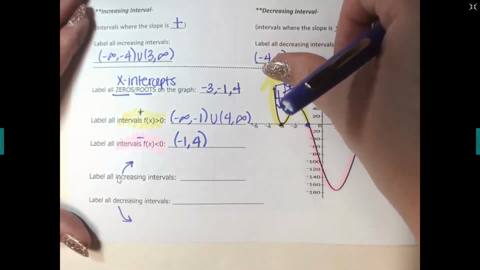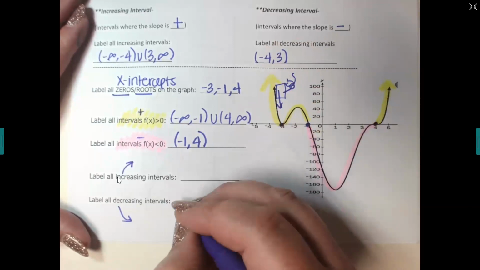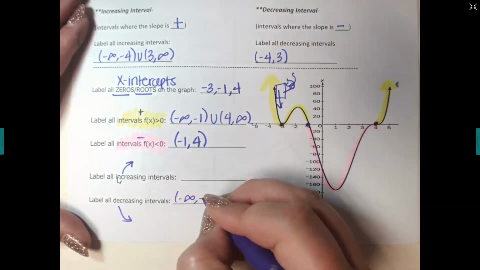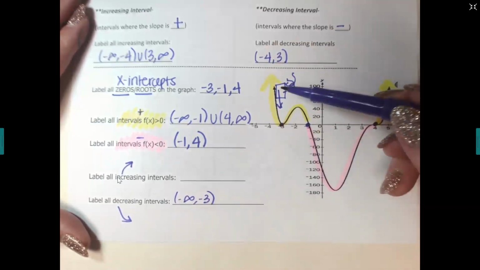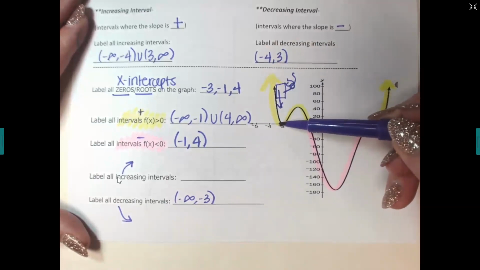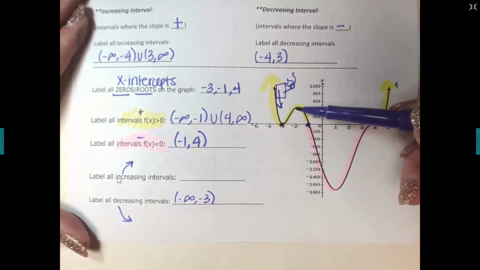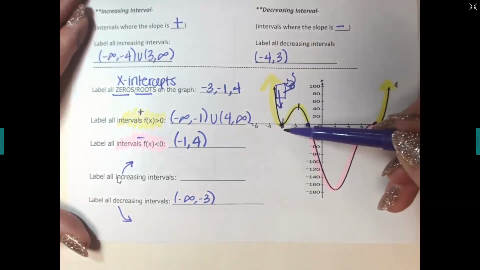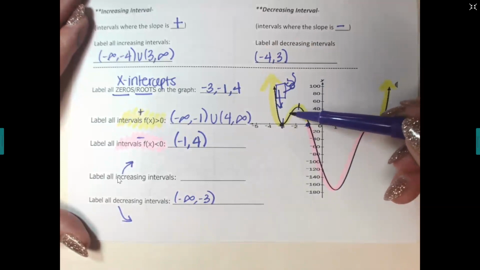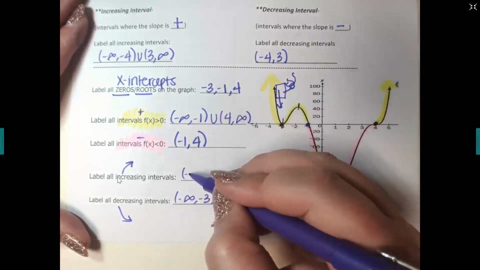So from -infinity all the way until -3. Okay, and then as soon as I bottom out here, I have a little uphill stint from -3 until -2. So between these two marks, this is an uphill. So I'm going to list it here.